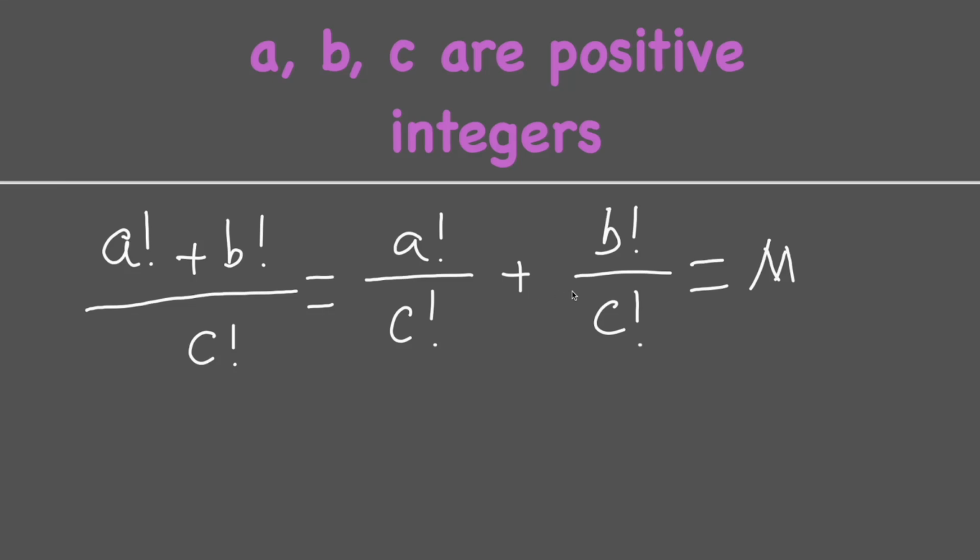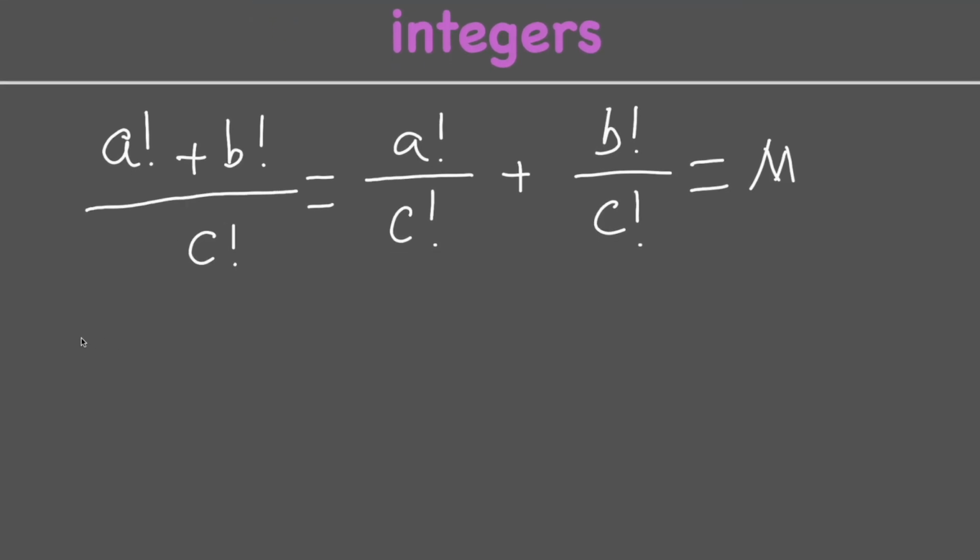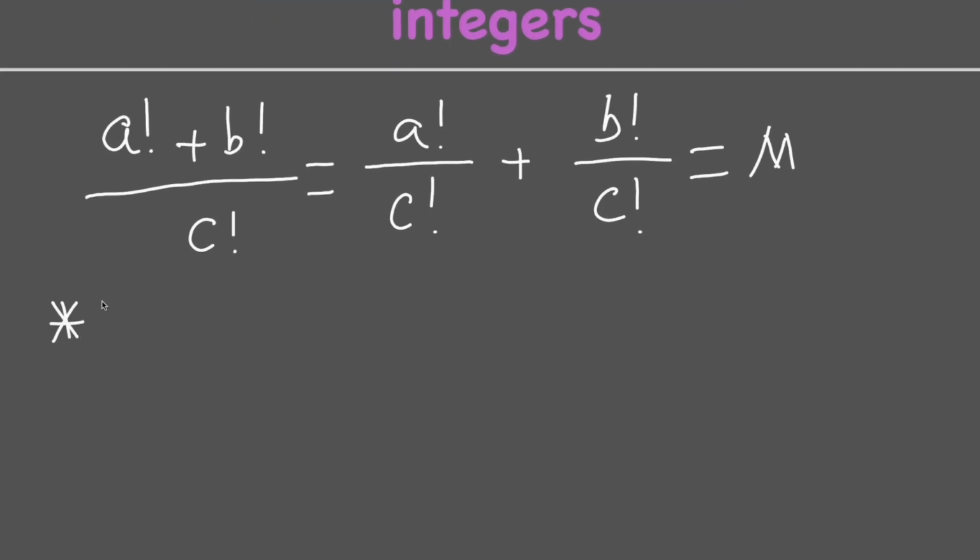That expression can be called m, and we have a few situations for it. We assume that a is smaller than or equal to b, because the roles of a and b are similar in this equation. So the first case is a ≤ b ≤ c.